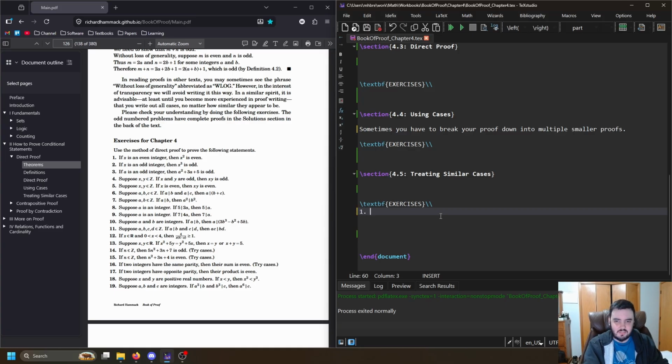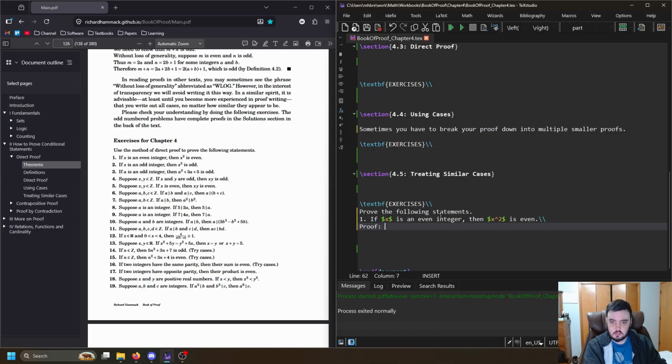If x is an even integer, then x squared is even. Okay, how are we going to start this one? Assume x is even.